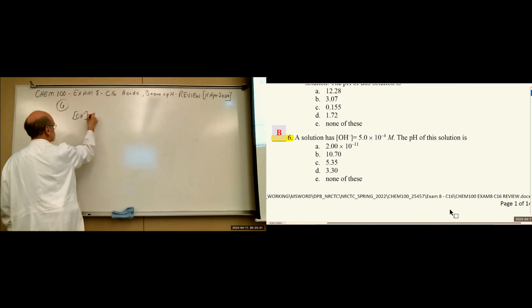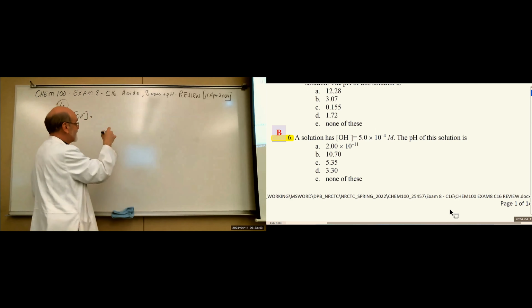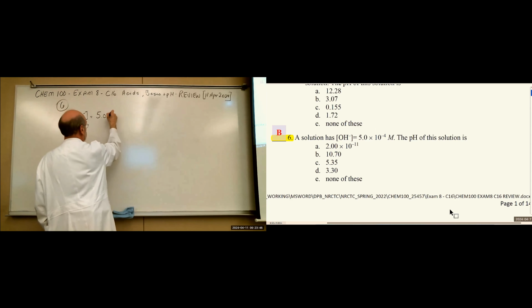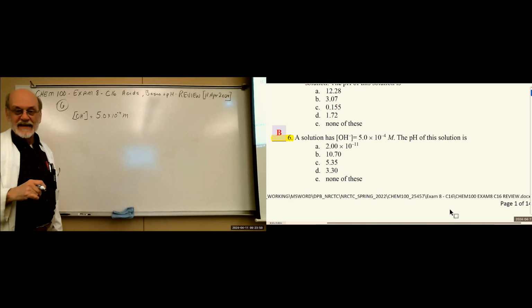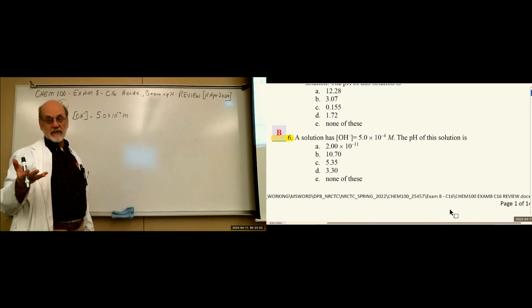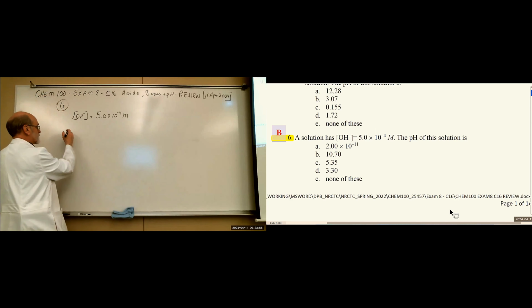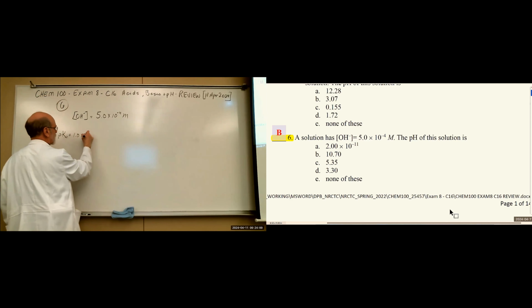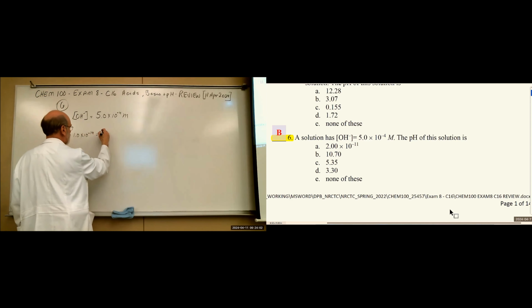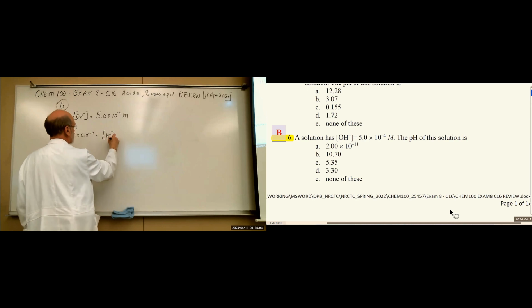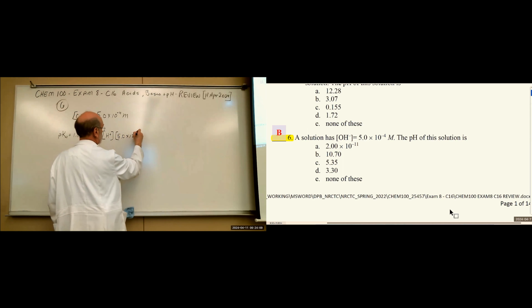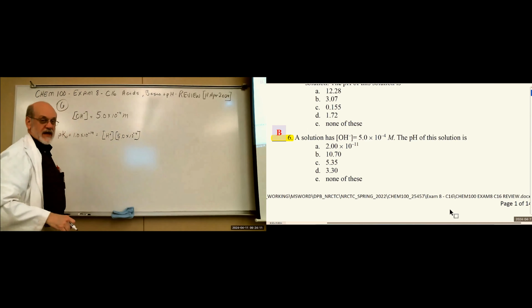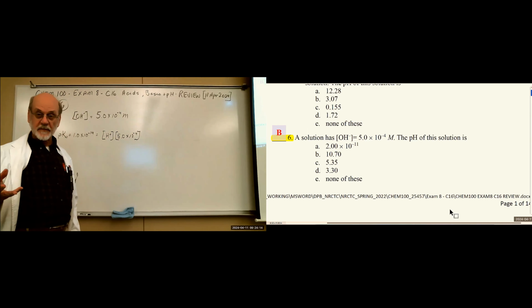Hydroxide ion concentration, we know, is this value times 10 to the minus 4 molar. There are 2 approaches to this problem. You can either use Kw equals 1 times 10 to the minus 14, which equals the concentration of hydrogen ions times the concentration of hydroxyl ions. Solve for hydrogen ions and then calculate pH.